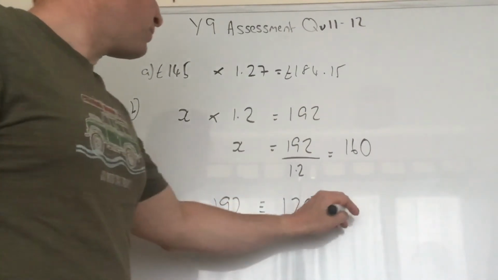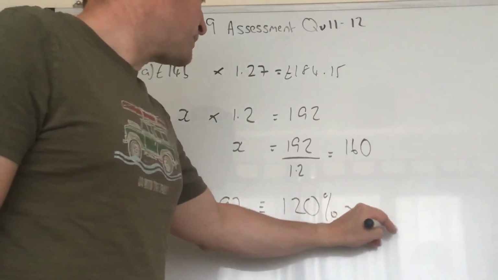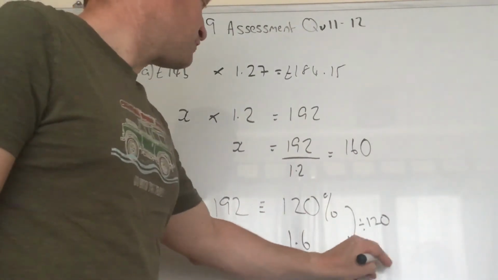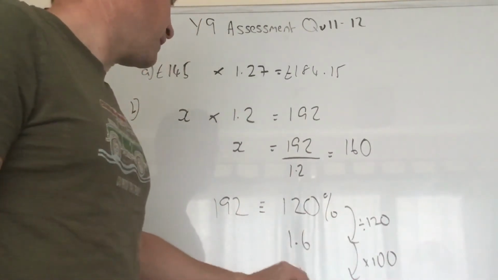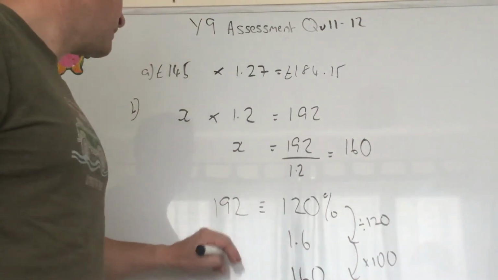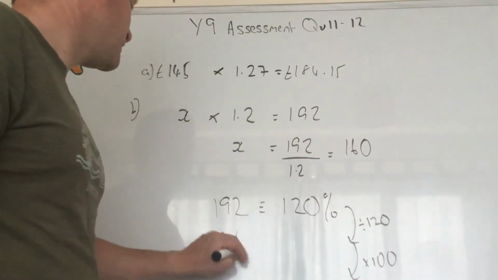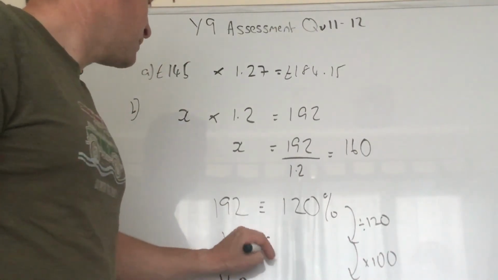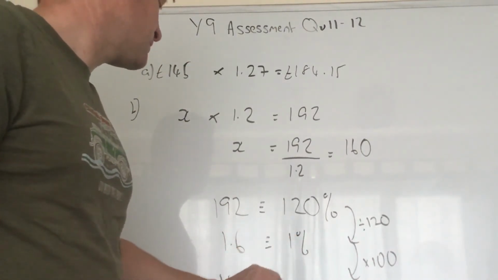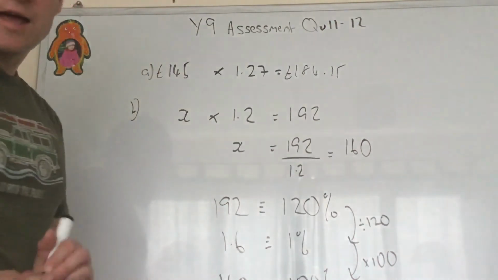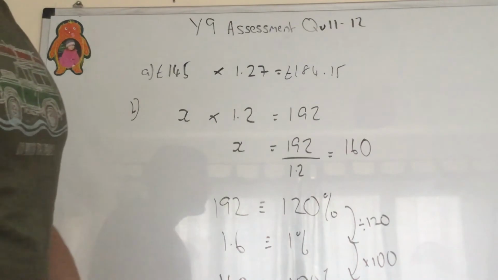So divide by 120 and we get 1.6, which is 1%, and then times by 100 to get 100%, and we get 160. Either way works. Both methods are fine.